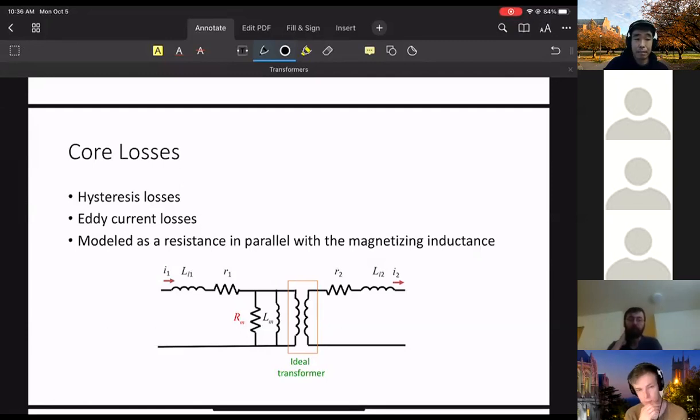It has nothing to do with the transformer showing up as a primary or secondary side. We could have easily put this on the secondary side by reflecting this impedance to the secondary. We just chose to draw it on the primary side because we're going to refer everything to the primary side anyway.